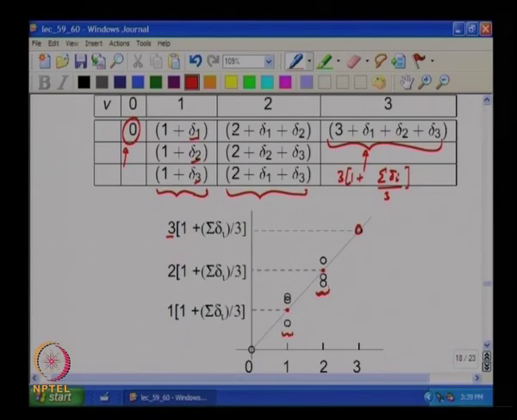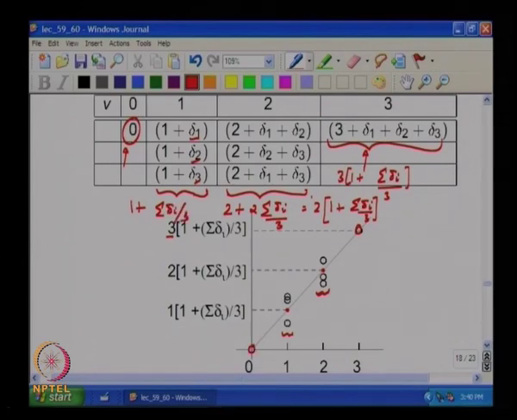Take all these 3, add them up together and divide by 3, and that will be 2 plus 2 sigma delta i divided by 3, which can be written as twice (1 plus sigma delta i by 3). And similarly for this it will be 1 plus sigma delta i by 3.